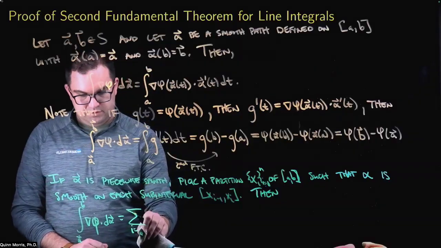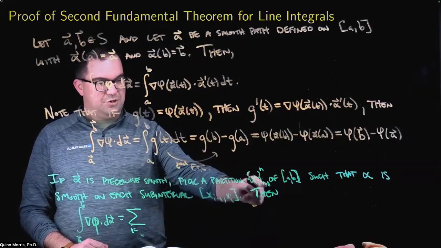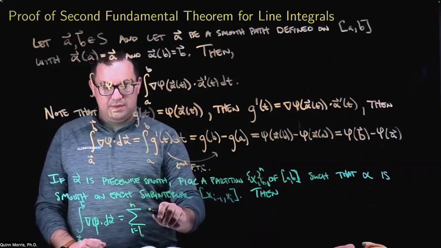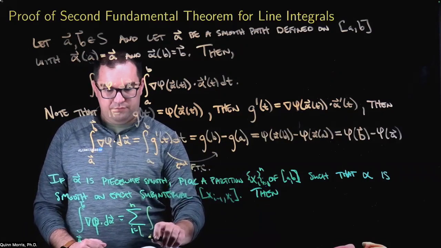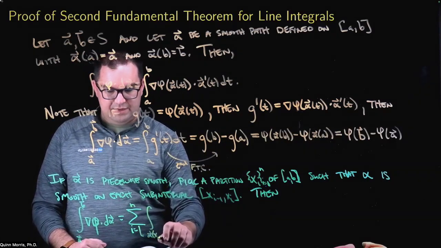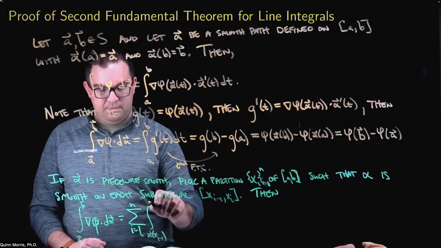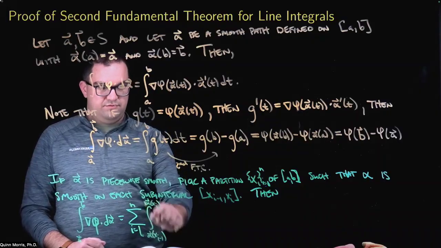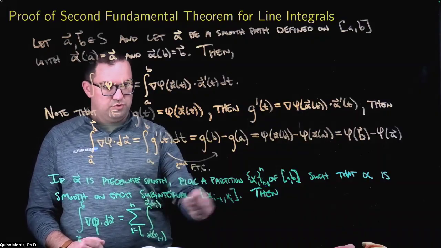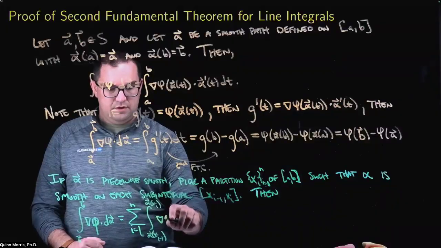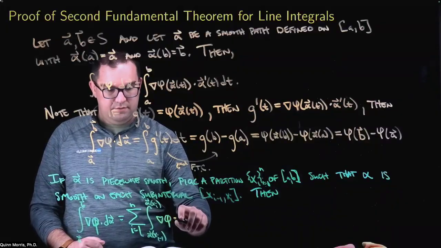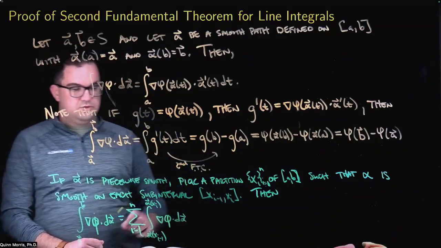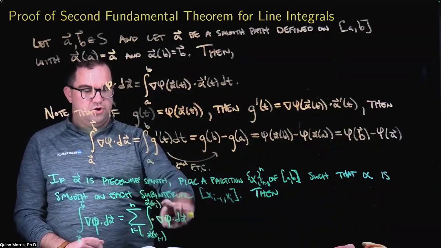On the sum, I'm going to index starting with 1, and this will be the integral from alpha of x_{i-1} up to alpha of x_i of the gradient of psi d alpha. So I'm breaking this up so that we're doing it on the subintervals where it's continuous. I'm just breaking this up so my integral is over each of these continuous pieces.